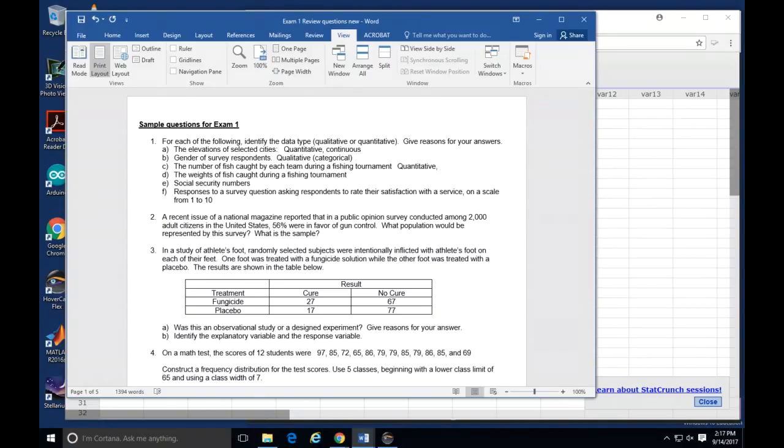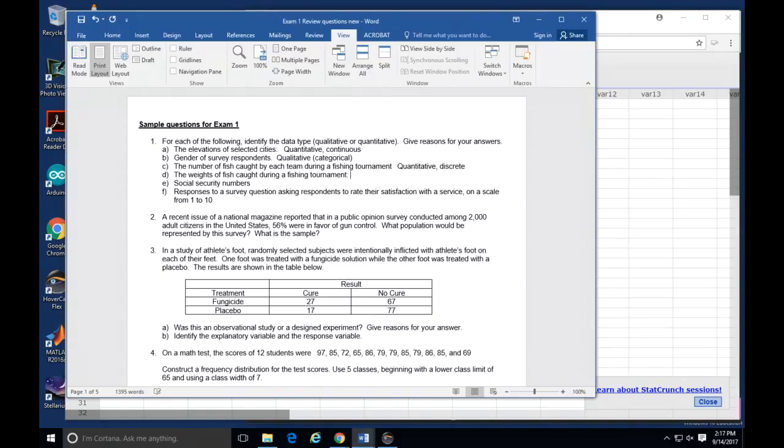But since it's answering the question how many fish were caught, it's a discrete value. Continuous is usually something that's a measured value. Discrete is something that's countable, so it answers the question how many.